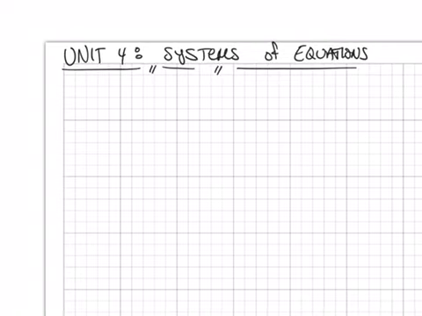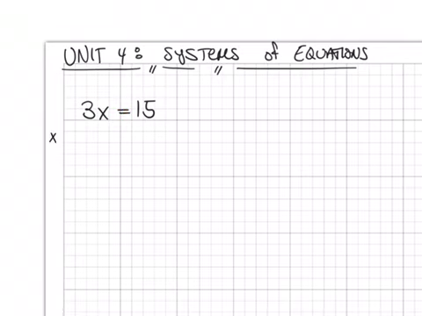So we have this thing called an equation. For instance, we have an equation like 3x equals 15. And if we want to talk about what a system of equations is, we have to at least know already what an equation is. So what is this 3x equals 15?